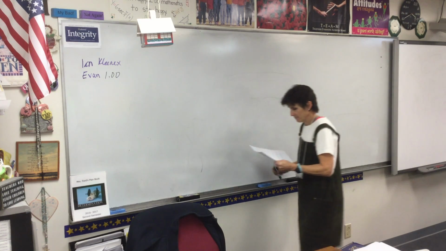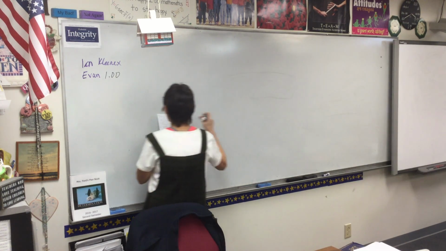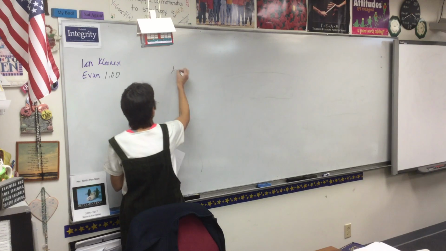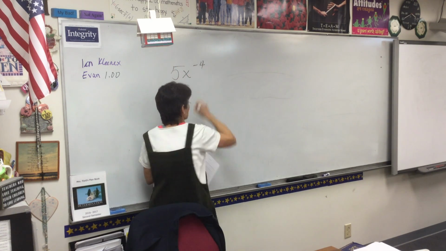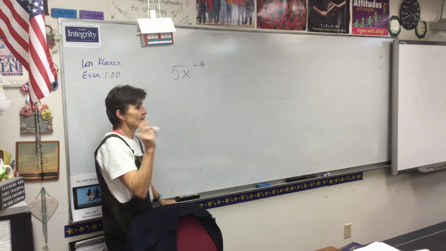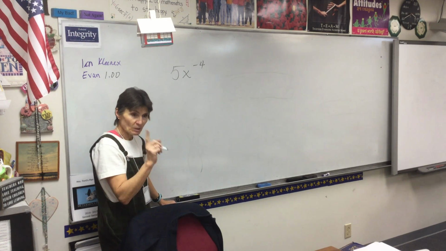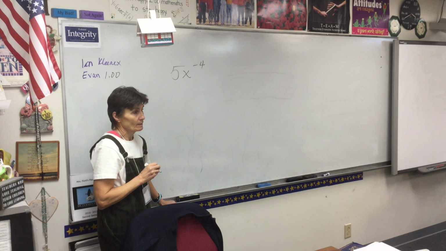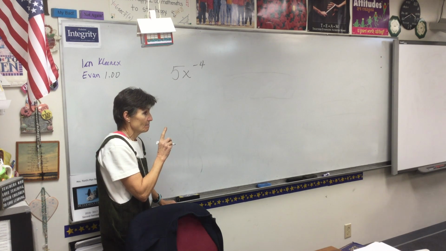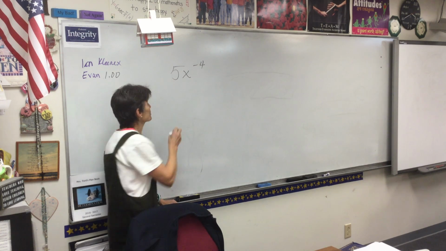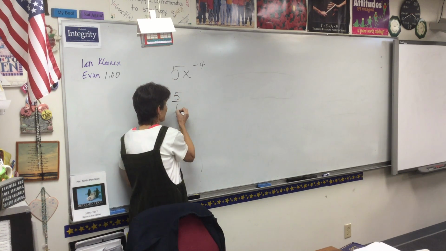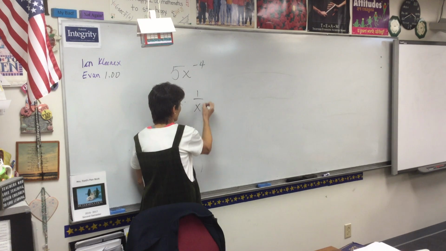Number 1, simplify. I didn't even put any directions on here. This is a trick question because almost everybody is going to see that -4 and think 1 over. And it is. But only the x gets the 1 over. So it's 5 over 1 times 1 over x to the 4th.